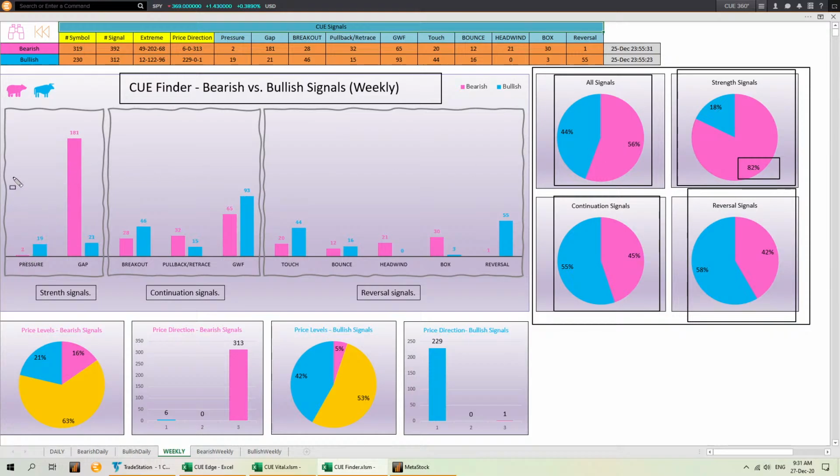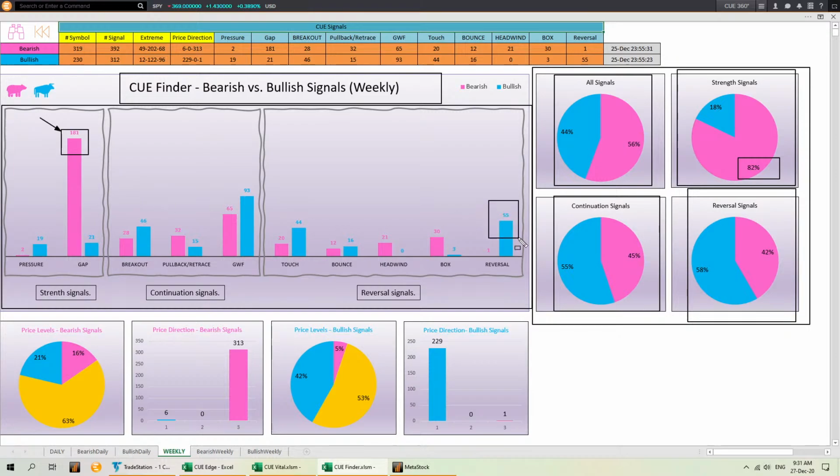And when we look at the bar chart, then we know the reason. This week there were a large number of gap down moves, and then we see a large number of bullish reversals, with only one bearish reversal, that neutralized the gap down move.